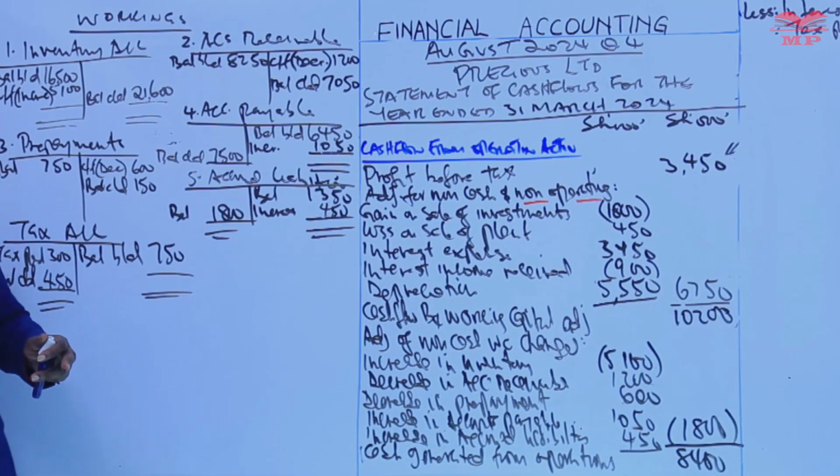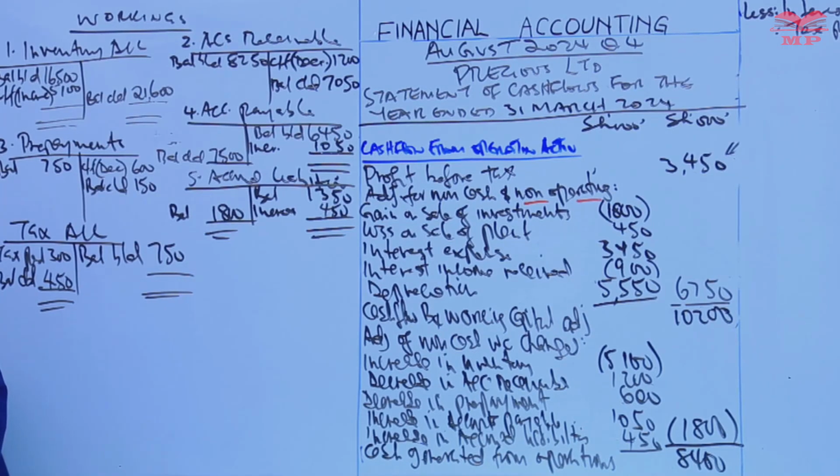You understand? Tax paid 300. Is it 300? Or I picked the wrong figures. This is current liabilities, tax payable. Tax payable 750 and 450.